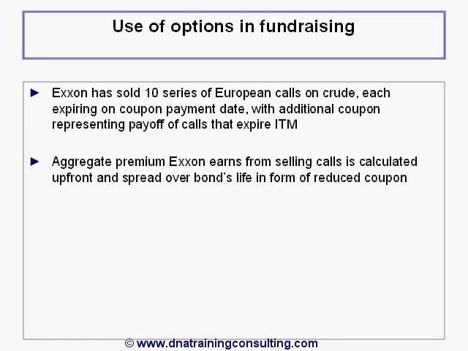The aggregate premium Exxon earns from selling the calls is calculated up front and then spread over the life of the bond in the form of the reduced coupons.